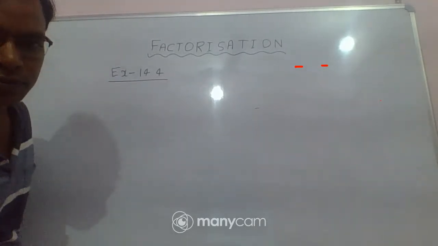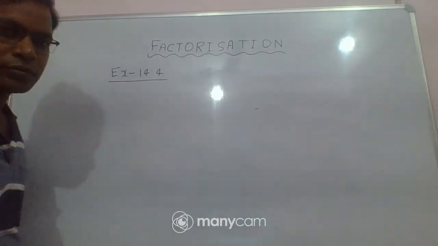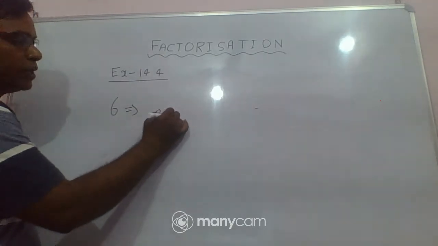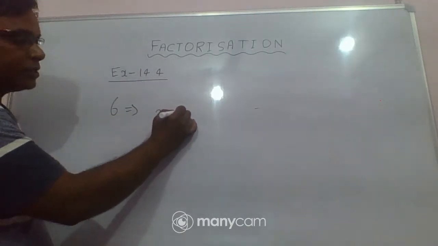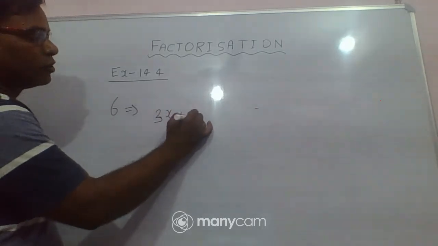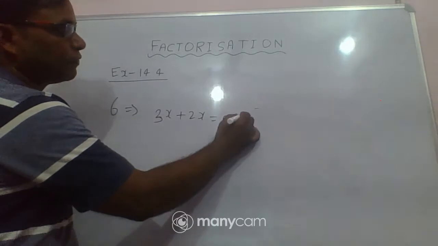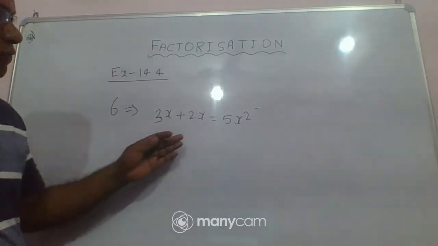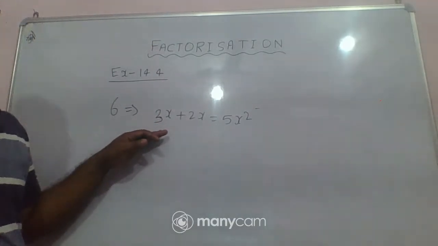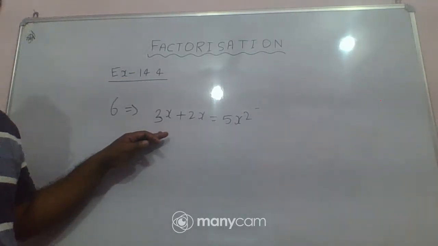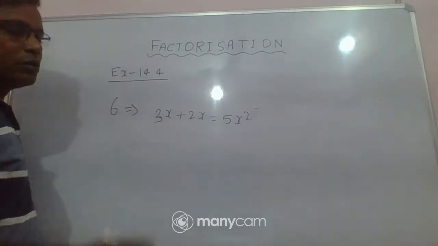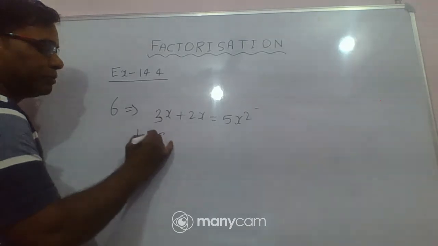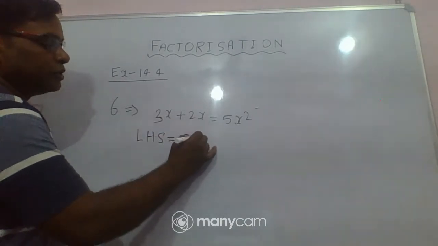So let's see how to solve question number 6. First we try to find where the error is in this given statement, and after this we write the correct mathematical statement. So we take the left hand side.